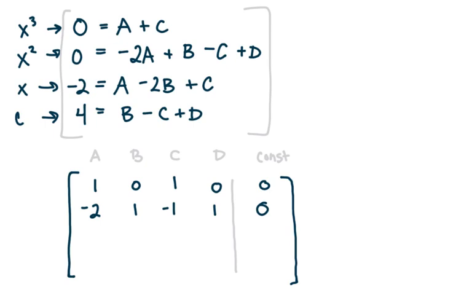My third row, I have 1A, negative 2B, 1C, 0D equal to my constant, negative 2. And lastly, 0A, 1B, negative 1C, positive 1D equal to 4.